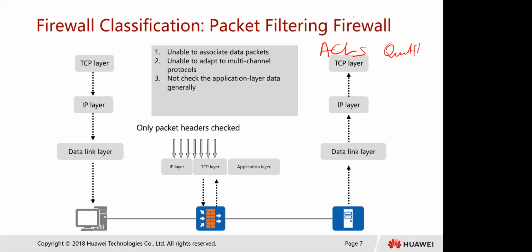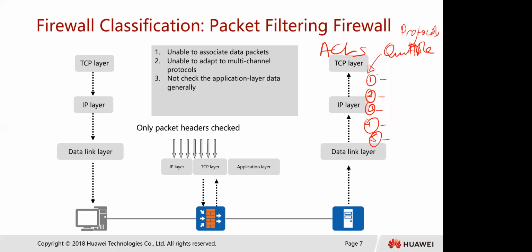Who remembers what our quintuple is? What are the elements in our quintuple? HTTP, FTP, Telnet, SMTP, DNS, TFTP, SNMP, SSH. Okay, those are our protocols, but what are the elements that make up our quintuple? Do you remember them?